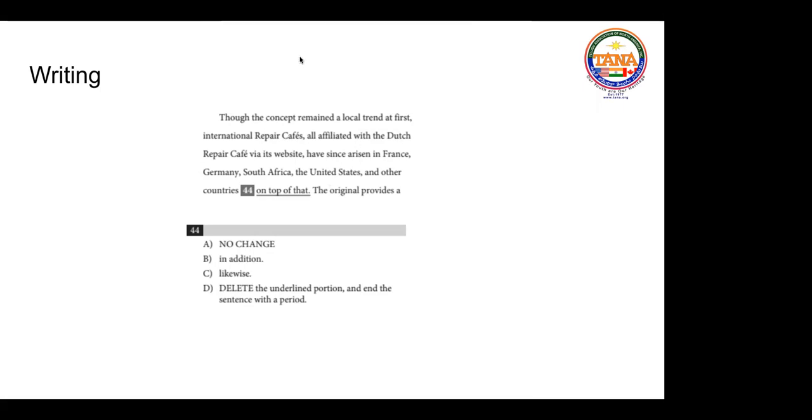What answer choice D means is basically delete this and just end this sentence, pretend this never existed and put the period right here. Yeah, that's what answer choice D means.